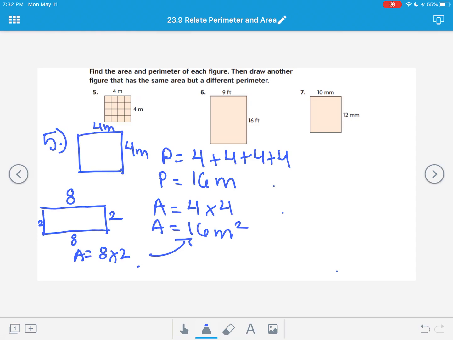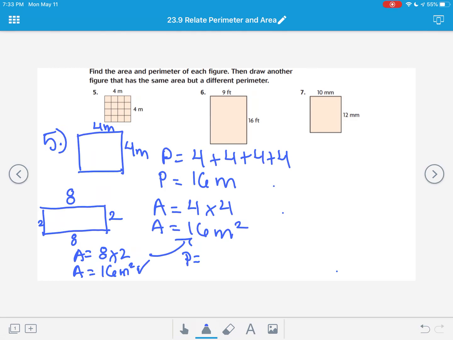The area of this figure would be equal to 8 times 2 because the width times the height. 8 times 2 is 16. So I have 16 meters squared, just like in my first problem. So I've solved that part. I've kept the area the same.